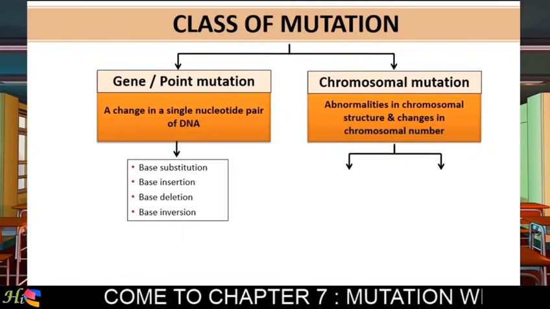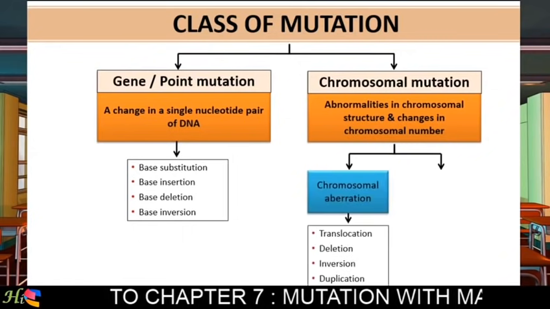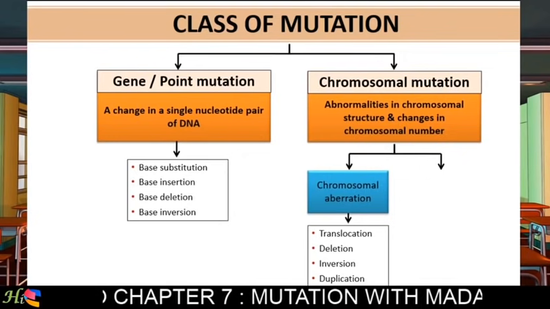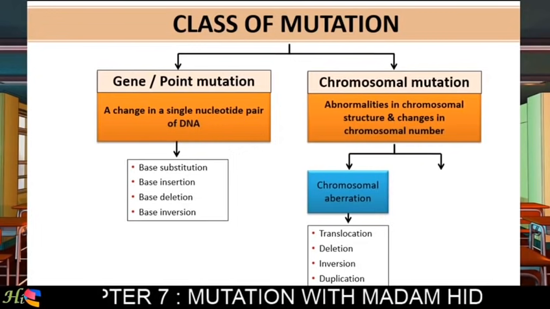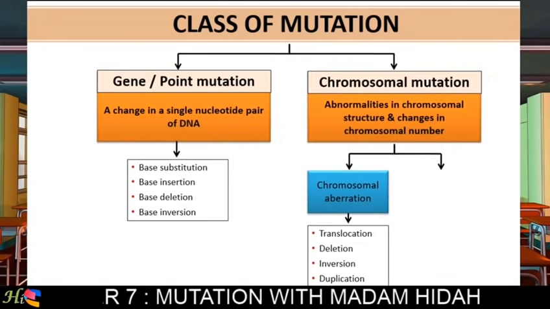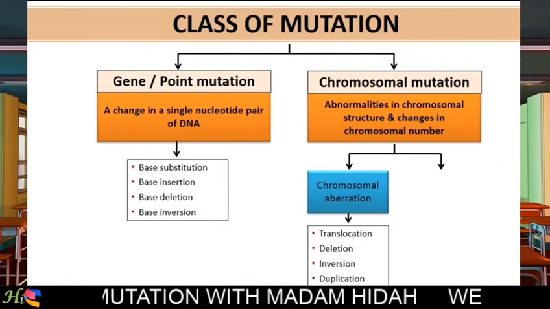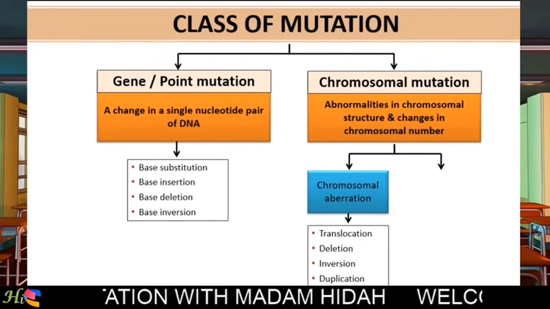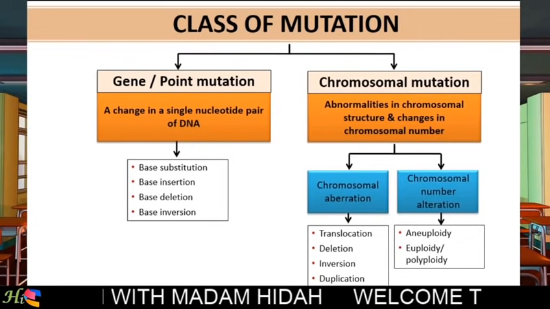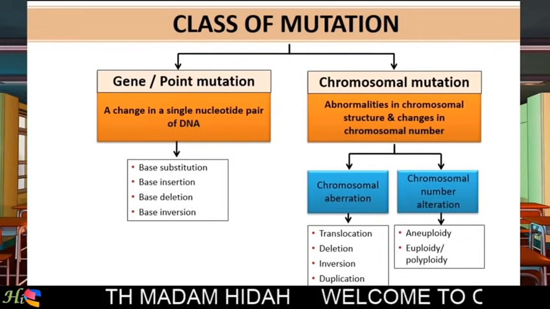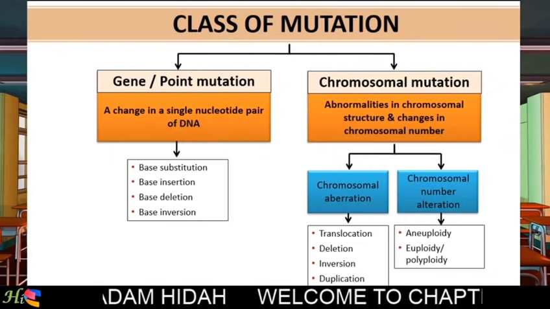Chromosomal mutation is the abnormalities in chromosomal structure known as chromosomal aberration, which divided into translocation, deletion, inversion, and duplication. The second type of chromosomal mutation is changes in the chromosomal number or chromosomal number alteration, divided into aneuploidy and euploidy.